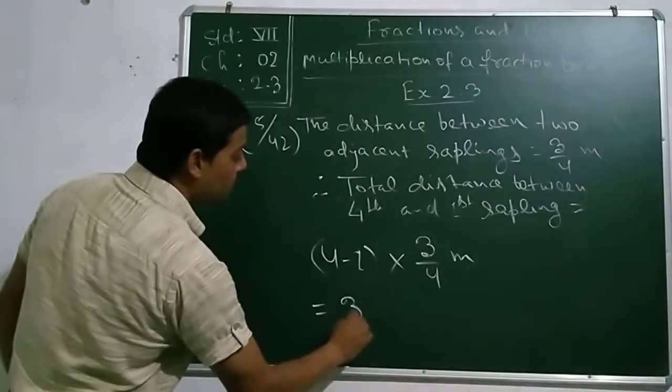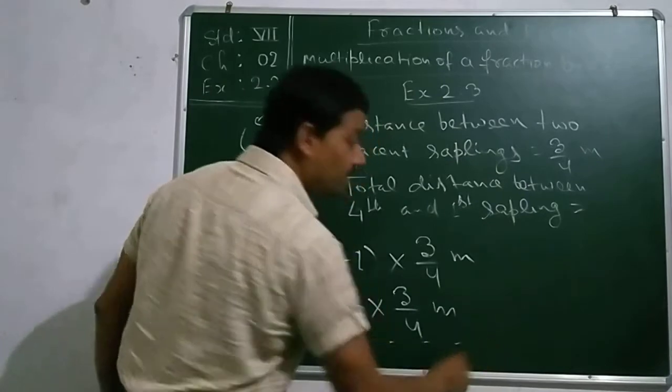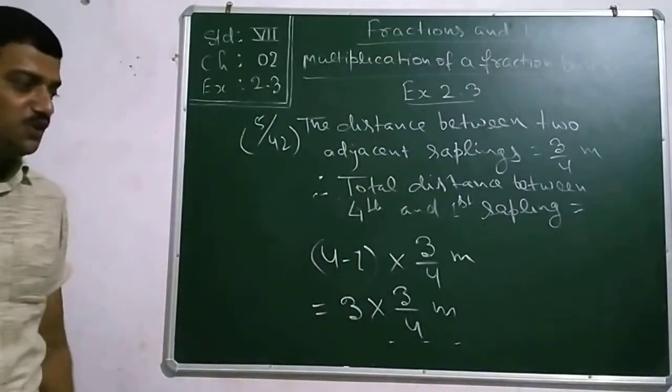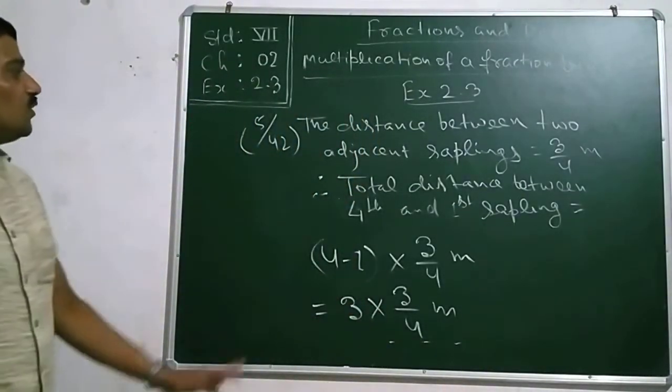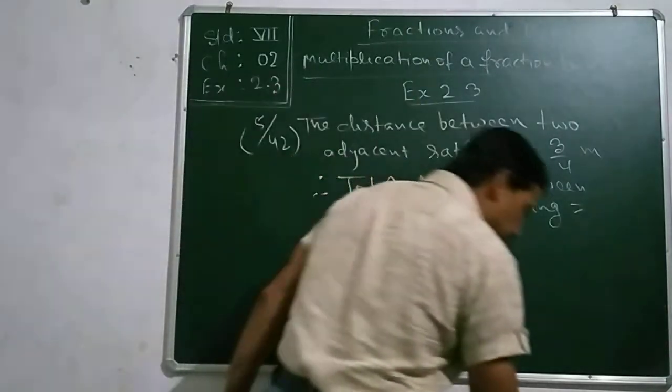If you calculate it, it will come to 3 into 3 by 4 meter, and the remaining calculations of course you can do yourself. So if you have gone through this sum, come to the 6th number sum.